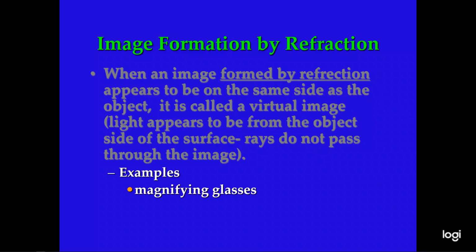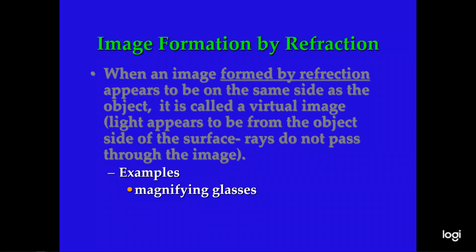The magnifying glass is an example of image formation by refraction that produces a virtual image. Your corrective lenses, whether you're nearsighted or farsighted, produce virtual images. You cannot project them on a screen.